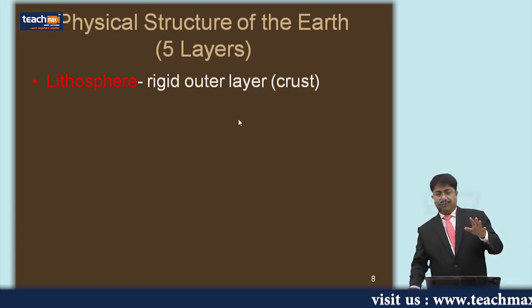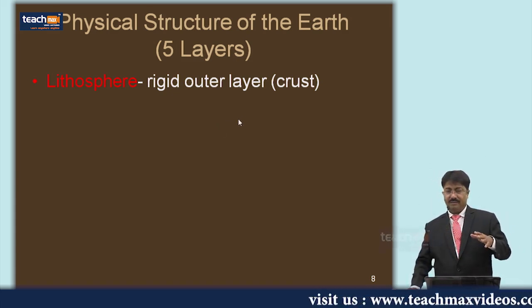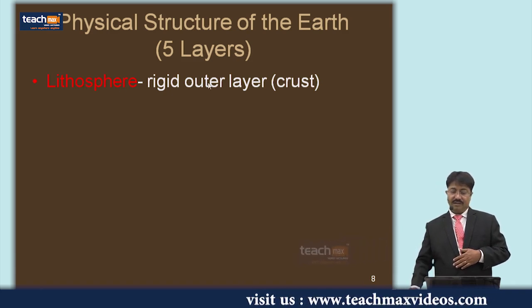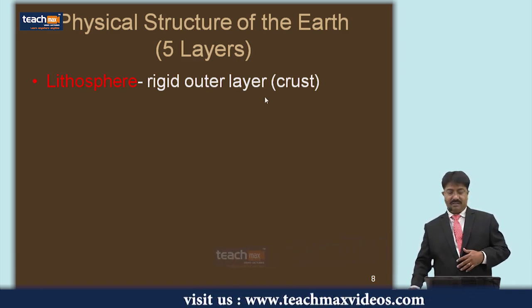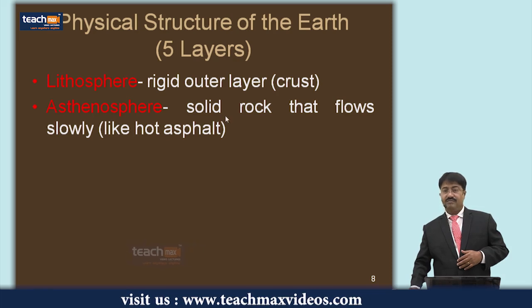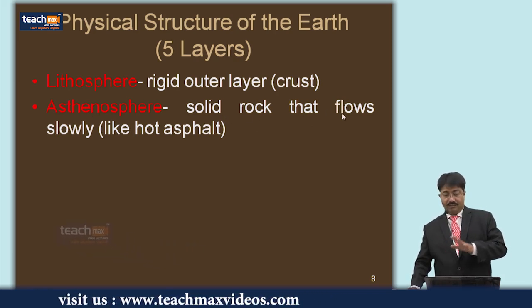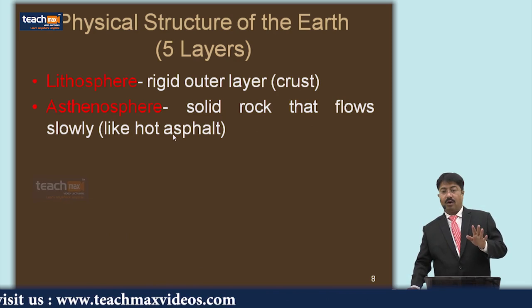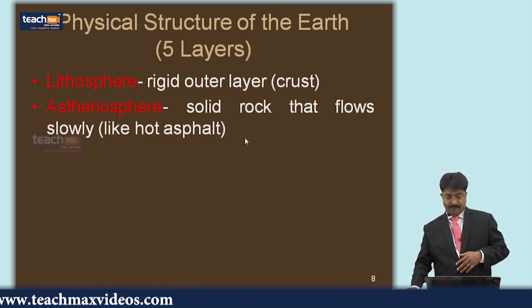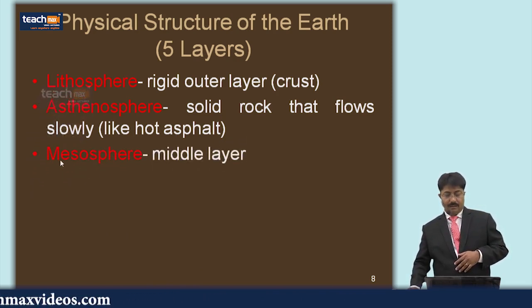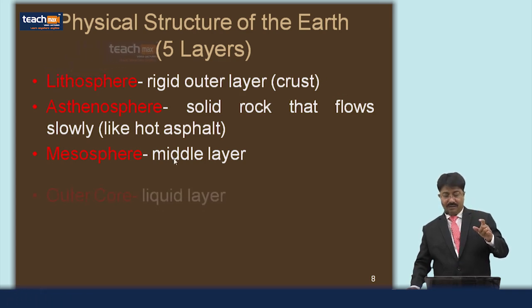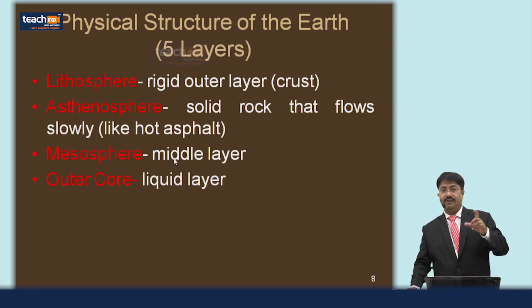There are 5 layers of this Earth. It is the lithosphere, the rigid outer layer, that is crust. Asthenosphere, it is again solid rock that flows slowly like hot asphalt. Mesosphere, it is the middle part of the Earth.